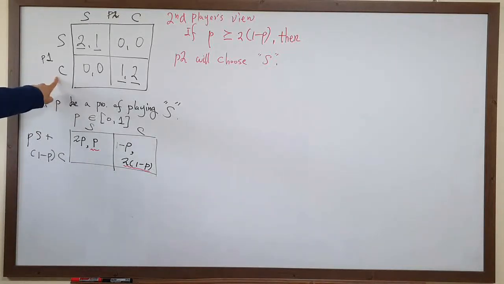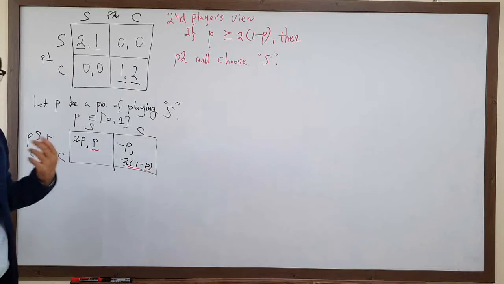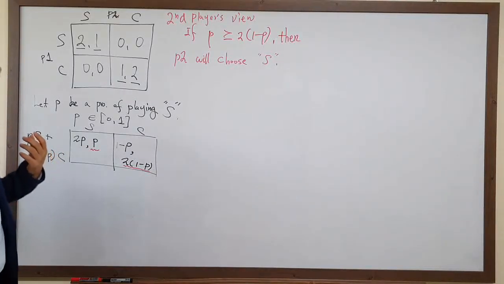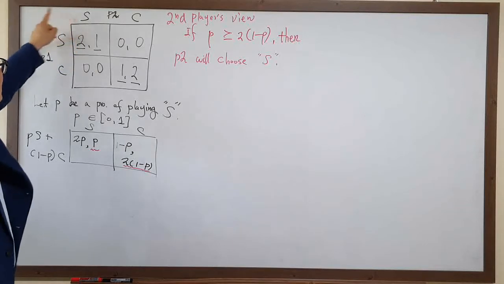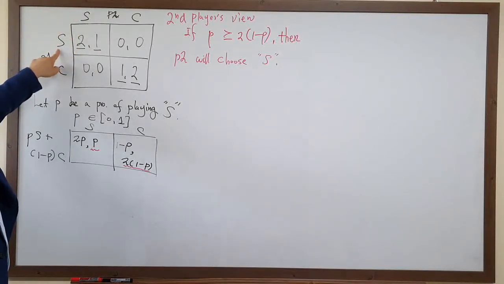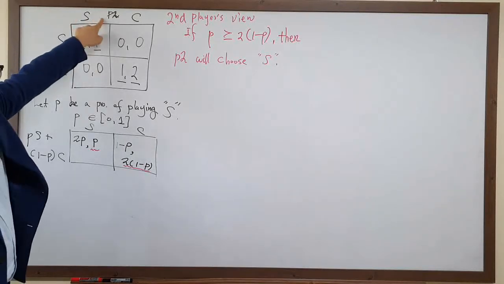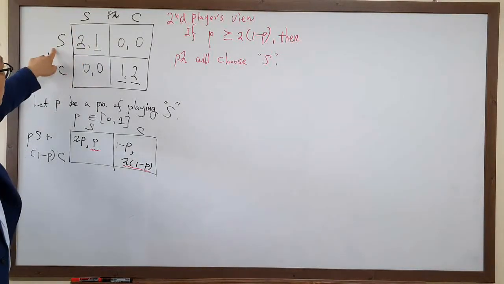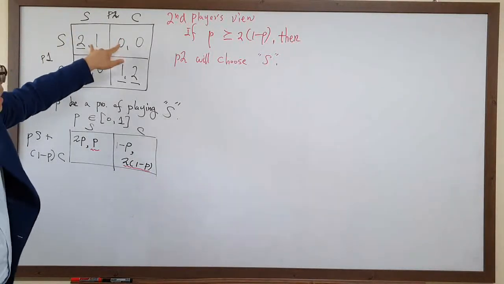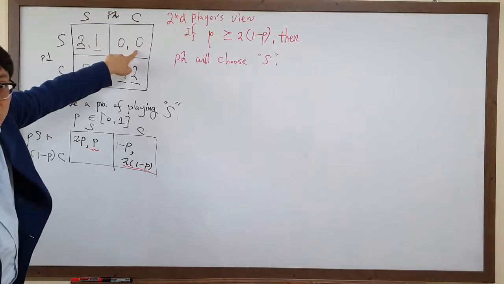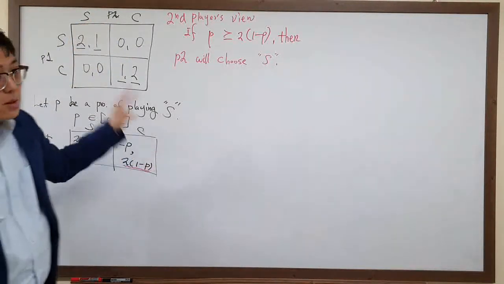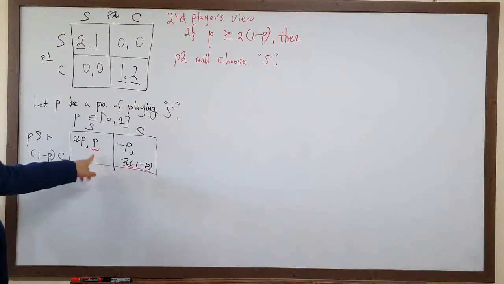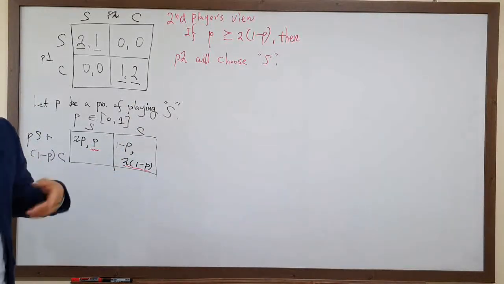Going back to the pure strategy normal form game, when you try to find the pure strategy outcome, if the first player is choosing S, because 1 is greater than 0, the second player will choose S. But in this case, I don't know which one is bigger.